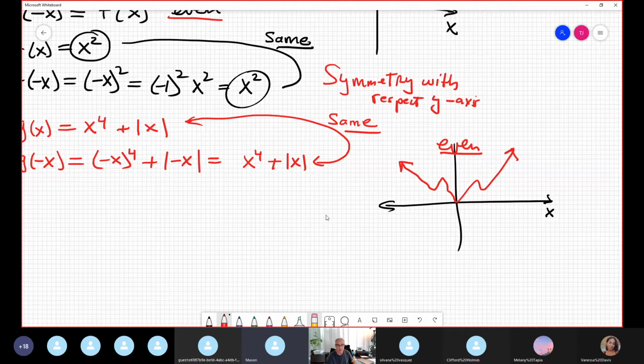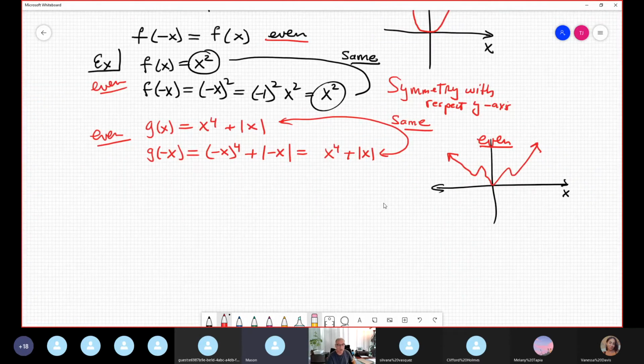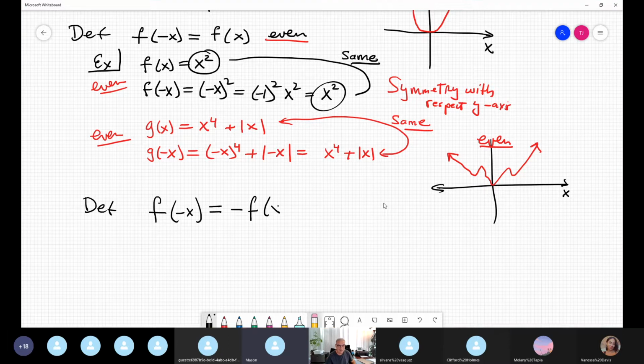Why? Because it's symmetric. And odd is different. Odd is different. This is the definition of odd. For example, you replace x with negative x, and this is negative outside.